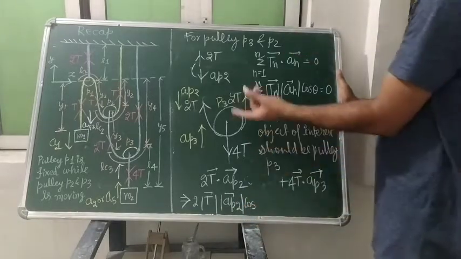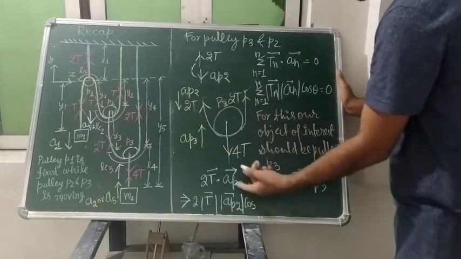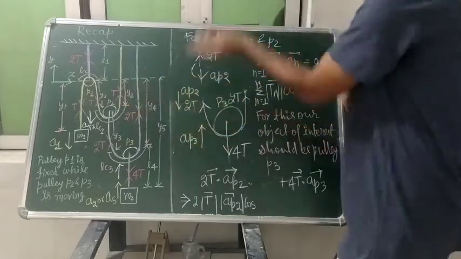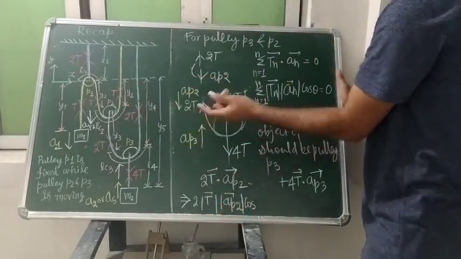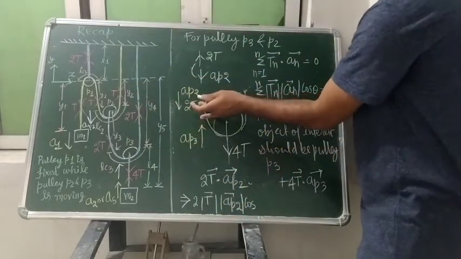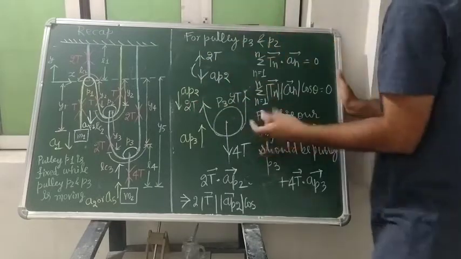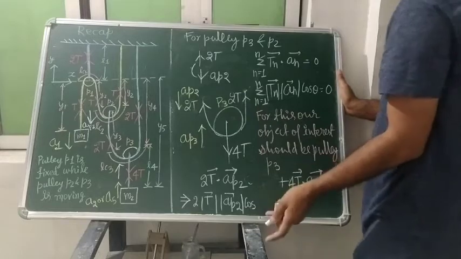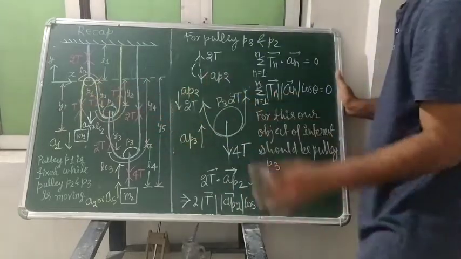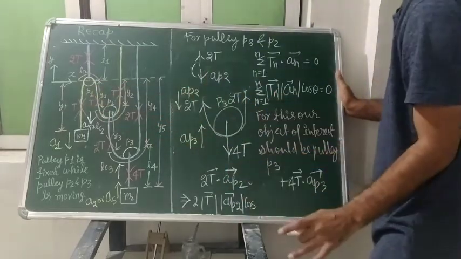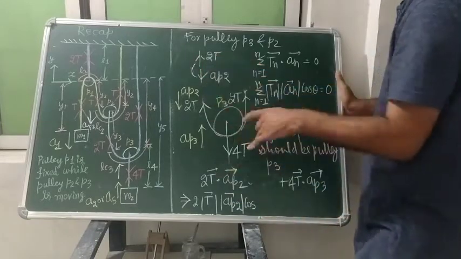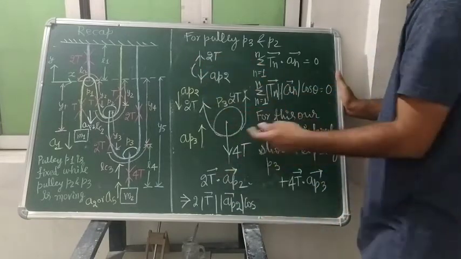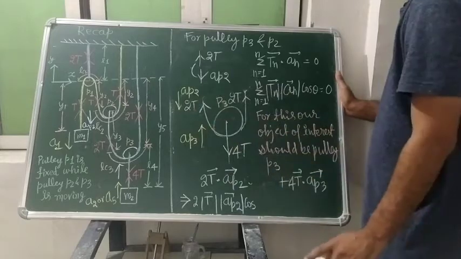So what is theta? For pulley P2, acceleration we have assumed in the downward side, and 2T will act upside, because our object of interest will become P3 here. Otherwise, when you select P2, you can check that things will become wrong when you compare with the traditional method.